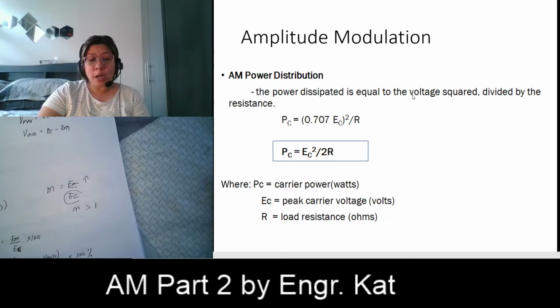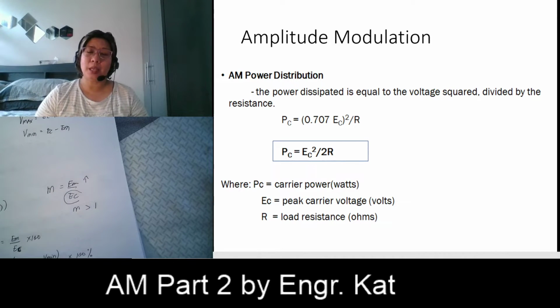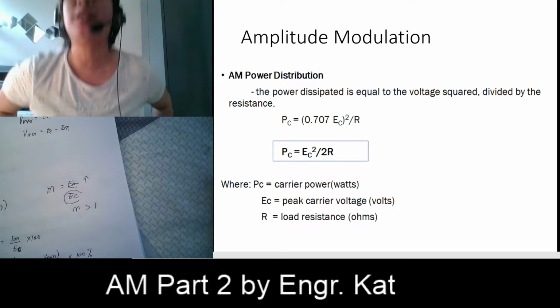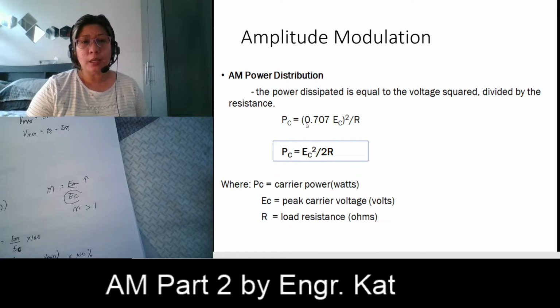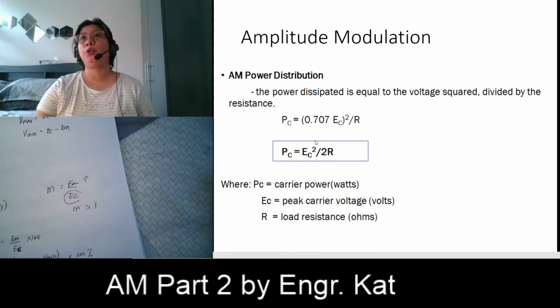Since we're talking about power, we have to get the RMS value. If you're going to remember, EC is a peak or a maximum value. So to get the RMS value given the peak value, we have to divide it by square root of 2 or multiply it by 0.707.